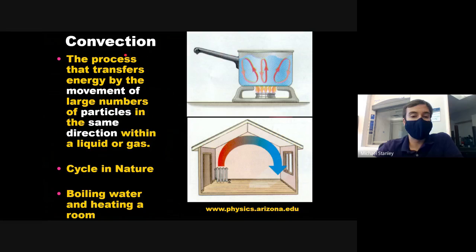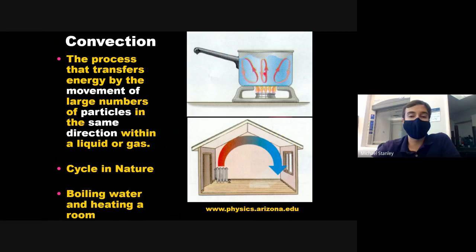And that's because, thanks to convection, as the water at the bottom gets heated up, it'll move up to the top of the pan. As things get heated up and expand, they tend to float to the top of their system. So as the water down here gets heated up, it naturally rises to the top of the pan, and the water at the top, since it's cooler, will naturally fall down to the bottom.